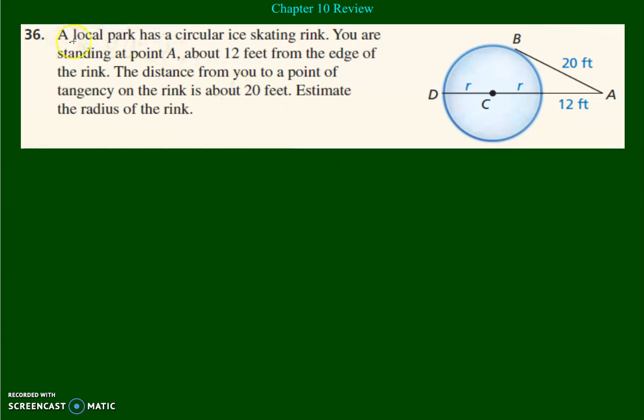So it says, a local park has a circular ice skating rink. You are standing at a point A, about 12 feet from the edge of the rink. So we're sitting out here and we're 12 feet from the edge of the rink here. The distance from you to a point of tangency on the rink is about 20 feet.